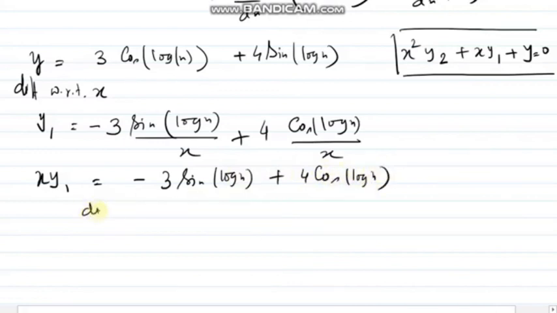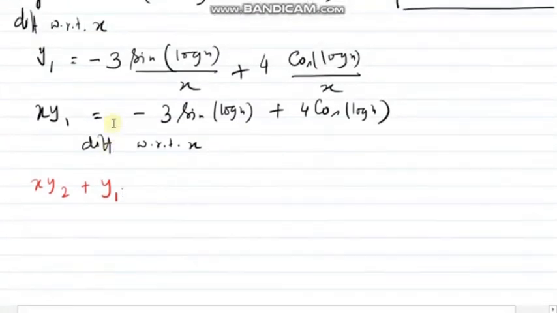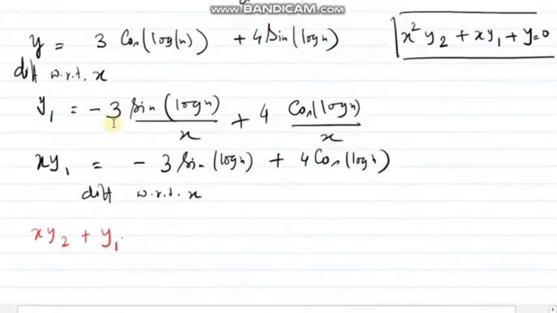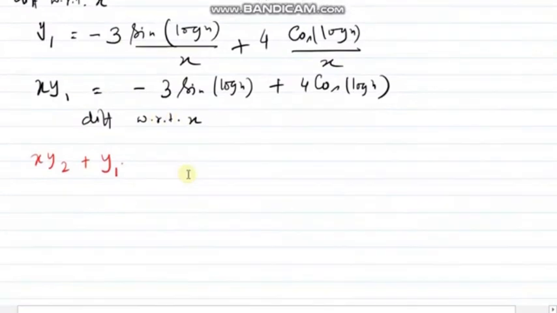Again, if I differentiate with respect to x, just check. Left hand side will be x y2 plus y1 into d/dx of x, which is 1. Do you agree, all of you? We have to apply, not the chain rule, the uv formula in the left hand side. Please be very careful.